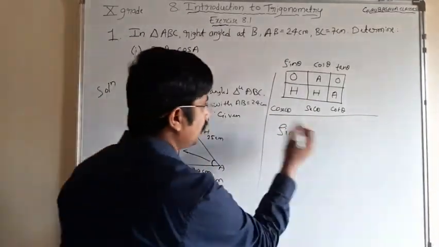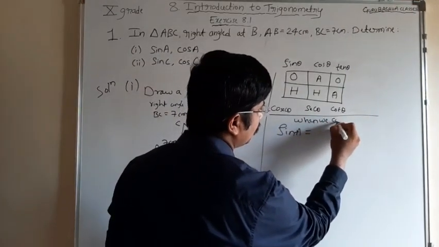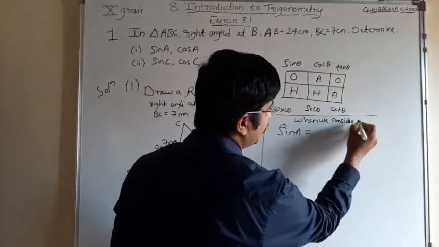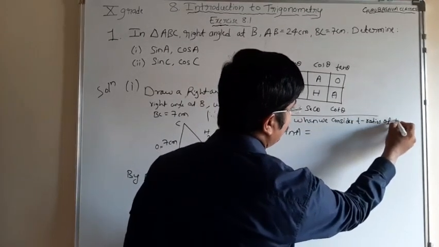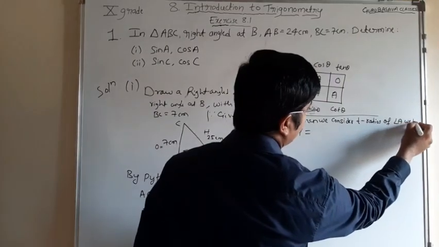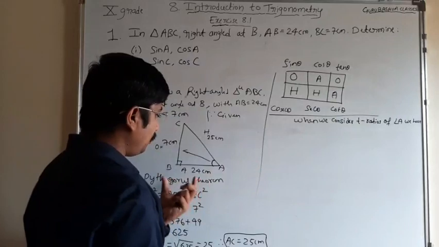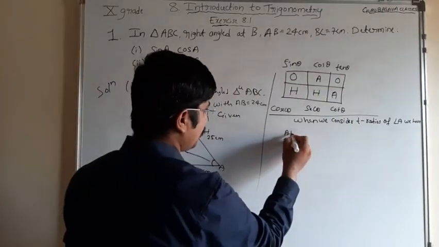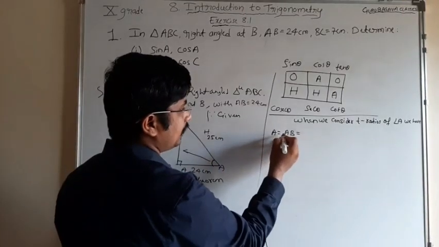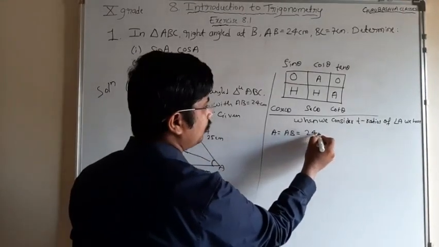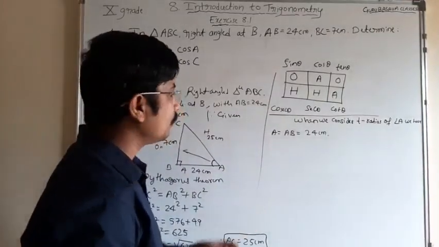When we consider the trigonometric ratios of angle A, we have AB, or adjacent, equal to 24 centimeter. I am explaining it, you can write directly.